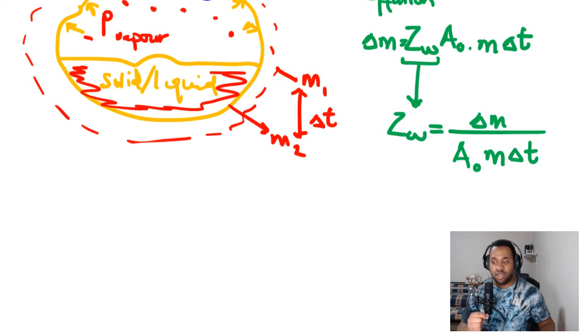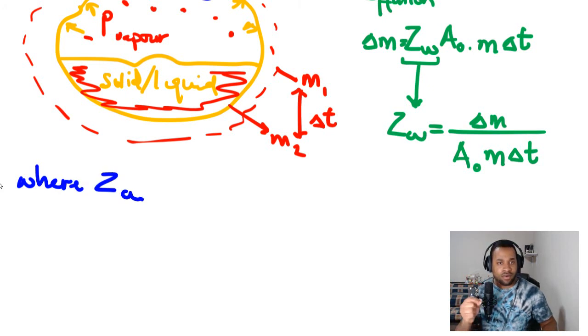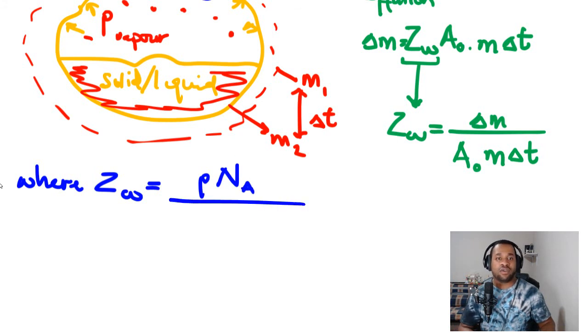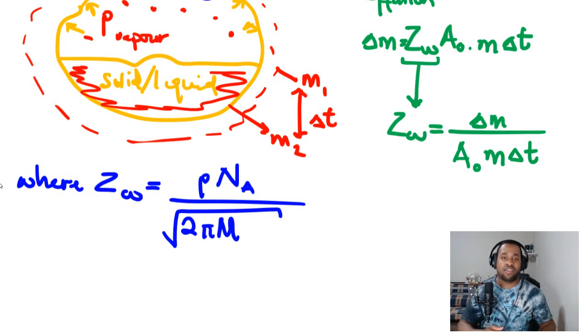Therefore, since we know that the collision flux based on our previous expression that we derived is equal to the product of the pressure and the number of particles, all divided by the square root of 2 pi, take note that we have our big M, which is the molecular weight, multiplied by the gas constant, multiplied by the temperature.